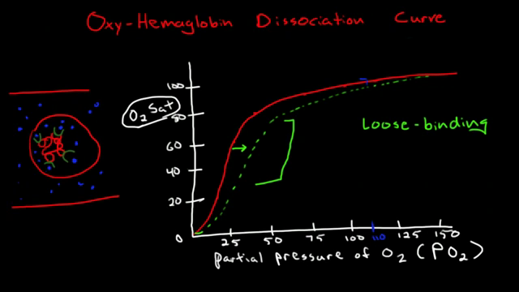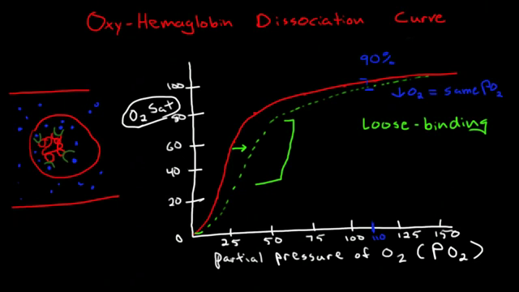So what does loose binding mean? Well, it means that at the top of the curve here, you're going to have a lower oxygen saturation corresponding to the same partial pressure of oxygen. Okay, so instead of having a normal sat of 95% here, if we've right shifted the curve, your normal saturation for a PO2 of 110 or so is going to be maybe 90%, right?